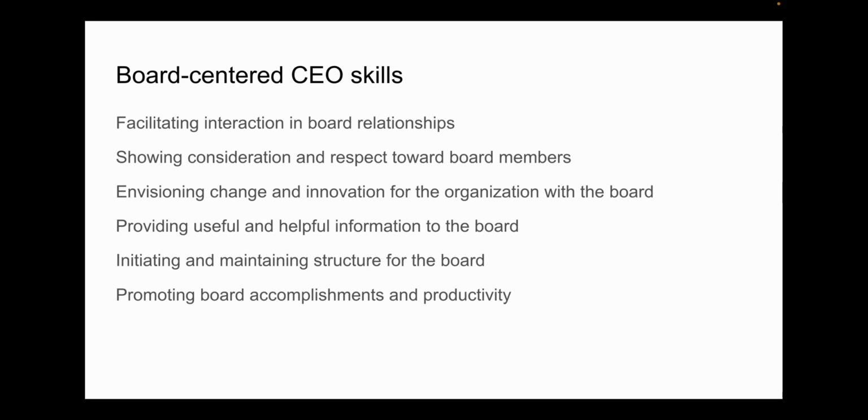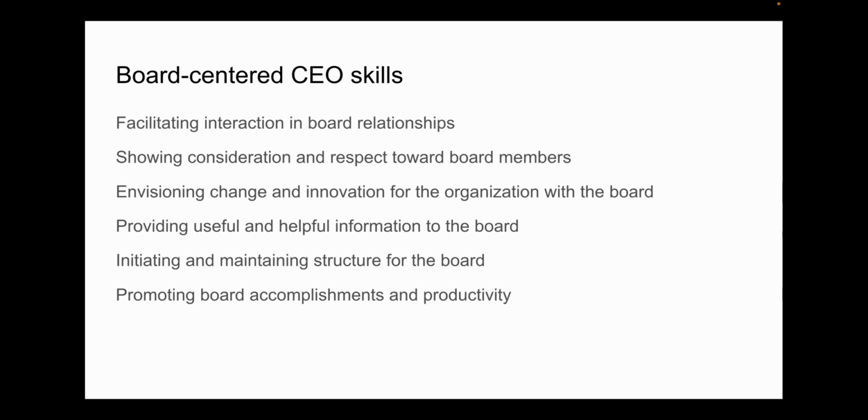Okay, so for the CEO, if we say this is a board-centered CEO, here are the critical skills a board-centered CEO should have. First, facilitating interaction in board relationships, so you don't want the board not getting along with the CEO.